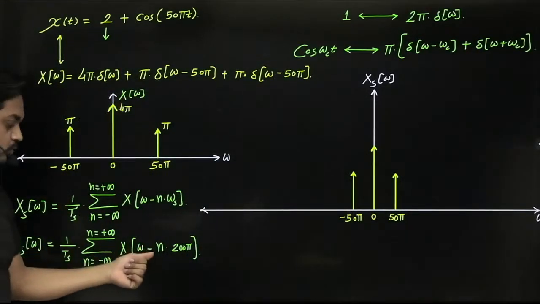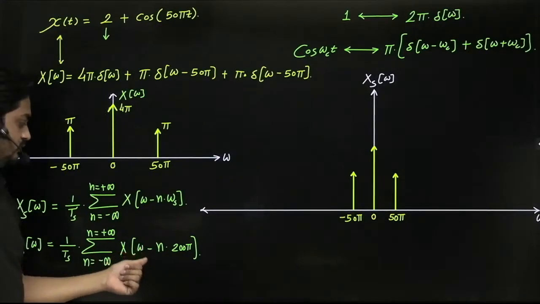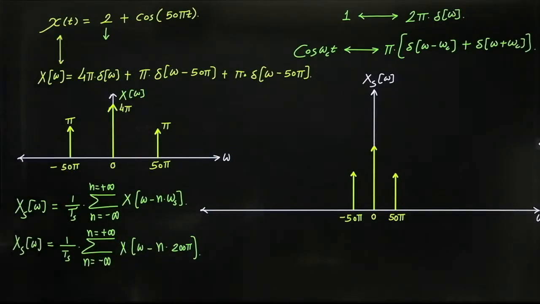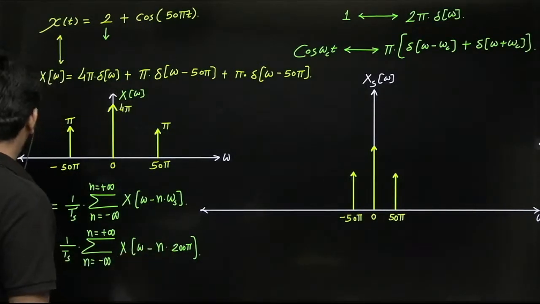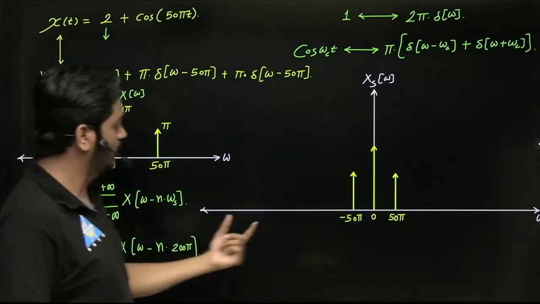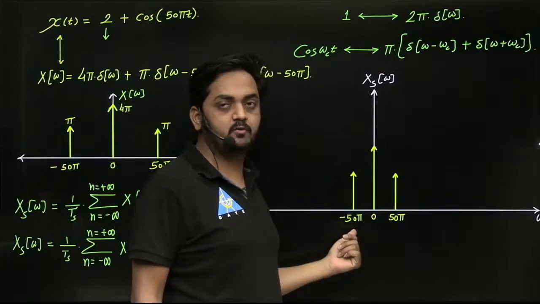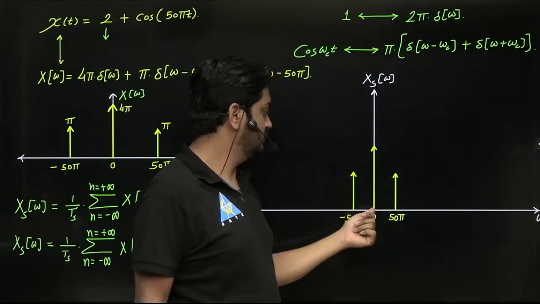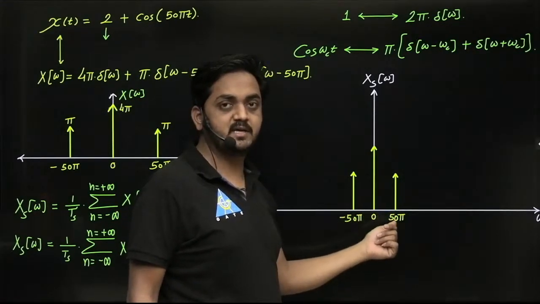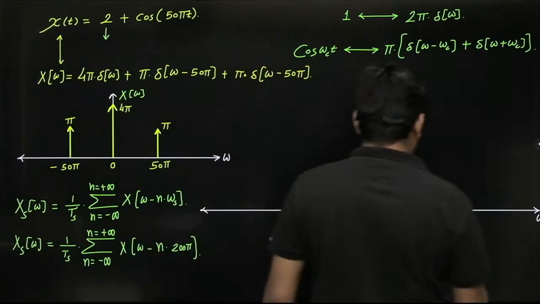Now if you put n equal to 1, you have to shift right by 200 pi, which means you simply add 200 to each point. So this impulse will be at 150, this at 200, and this at 250.